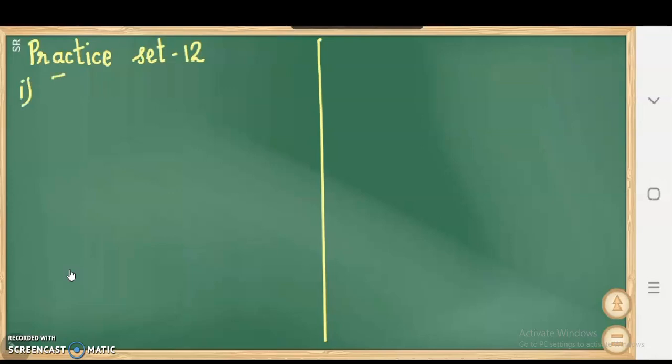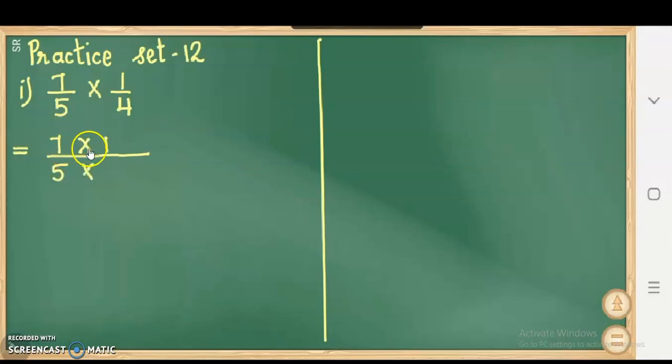I've taken example number 1 where you have got 7 upon 5 multiplied by 1 upon 4. Here whenever you have both the fractions, just multiply the numerator into numerator and denominator into denominator, whatever it is.